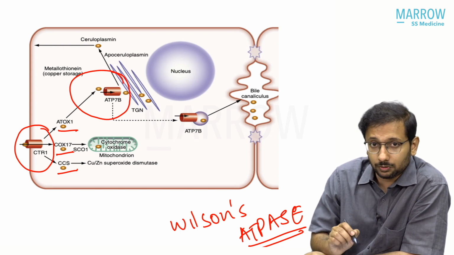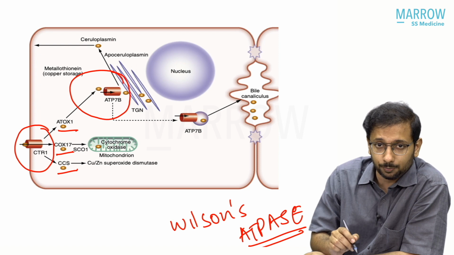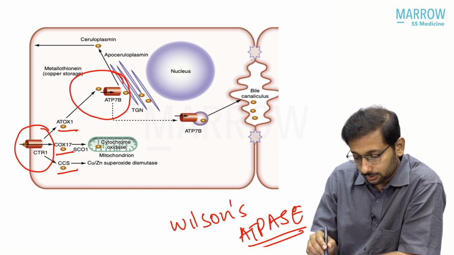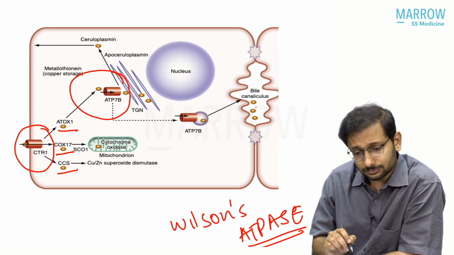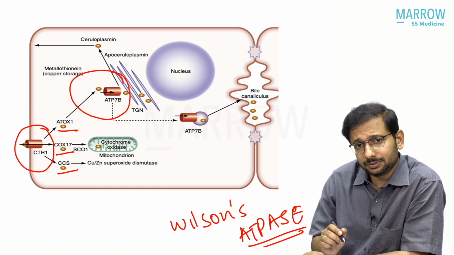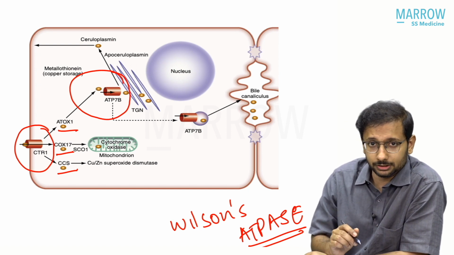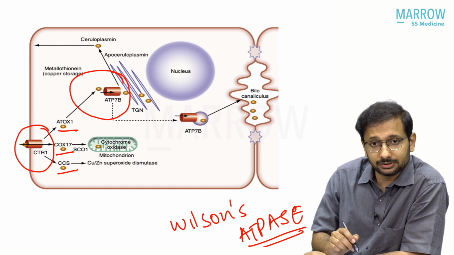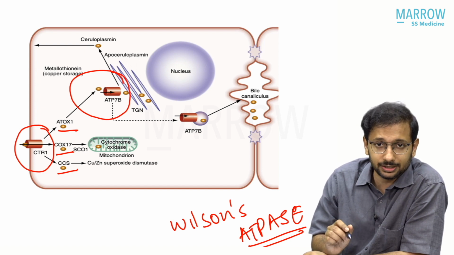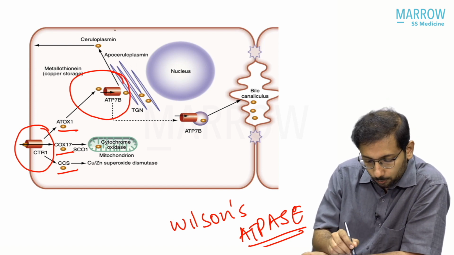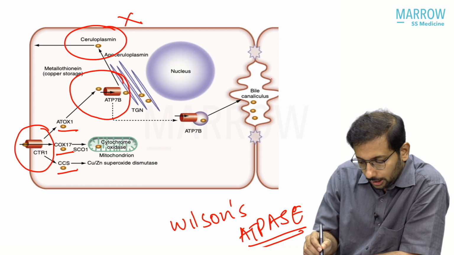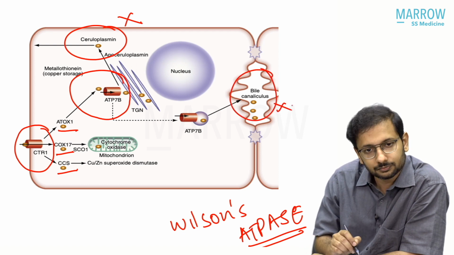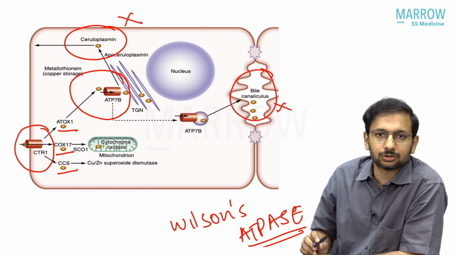This protein also has one more function, which is basically taking the copper all the way into the biliary canaliculus and excreting the copper. So if the ATP7B gene does not function properly, you do not get the ATP7B gene product, which is Wilson's ATPase. Thus, there is no ceruloplasmin and no biliary excretion. That is basically the pathophysiology of Wilson's disease.